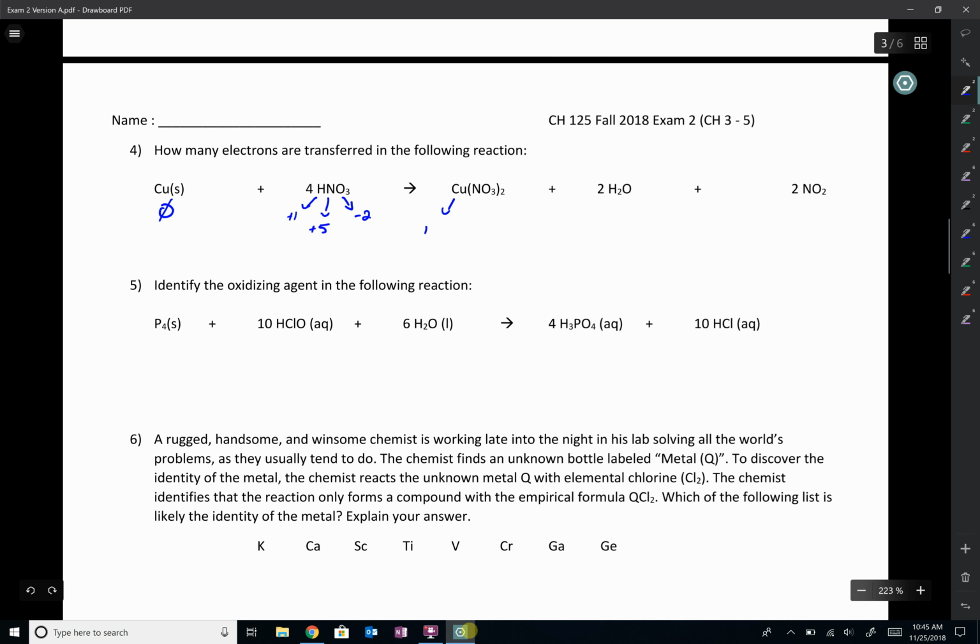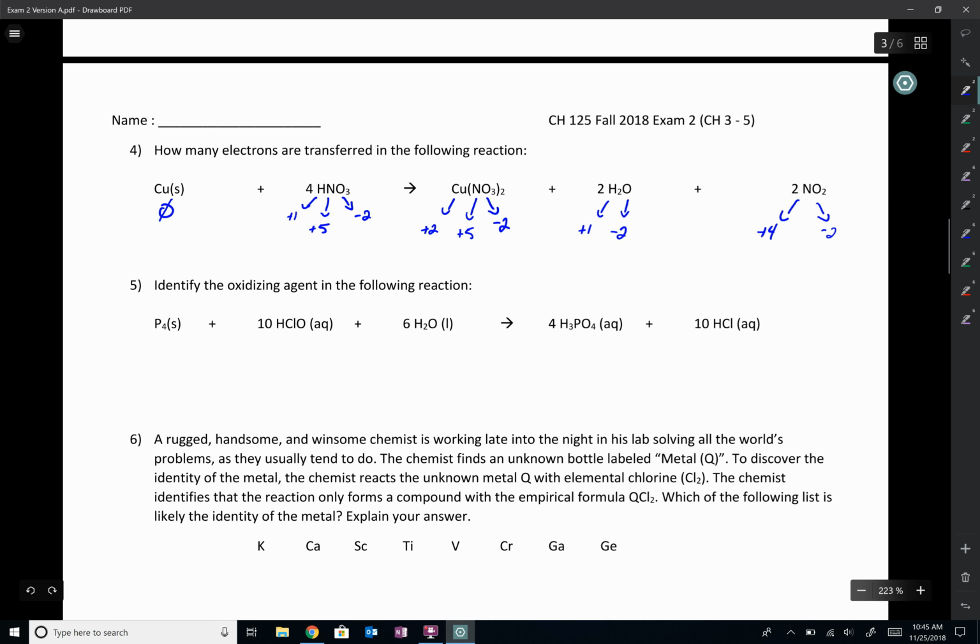Copper here is +2 because it is bound to 2 nitrates. The oxygen here is -2. Nitrogen here is +5 still. Hydrogen here +1. Oxygen here -2. Oxygen here -2. Nitrogen here +4.